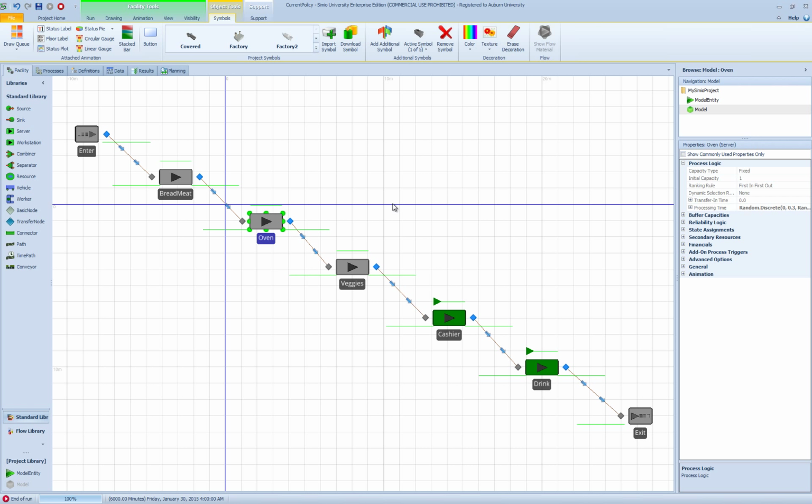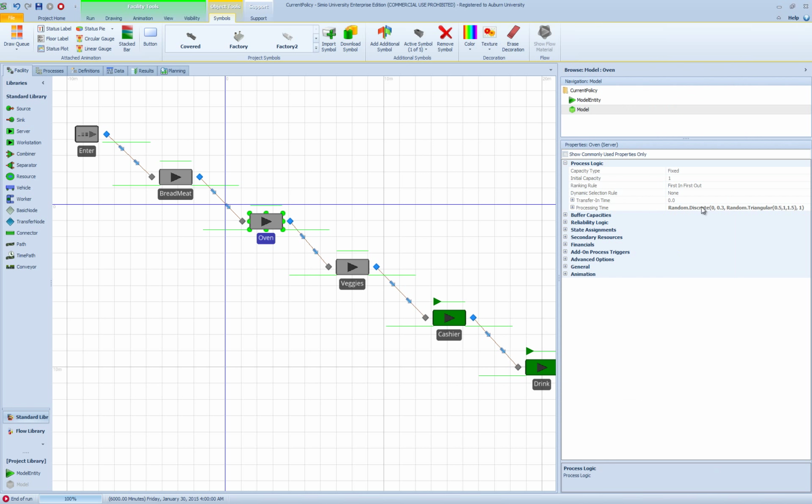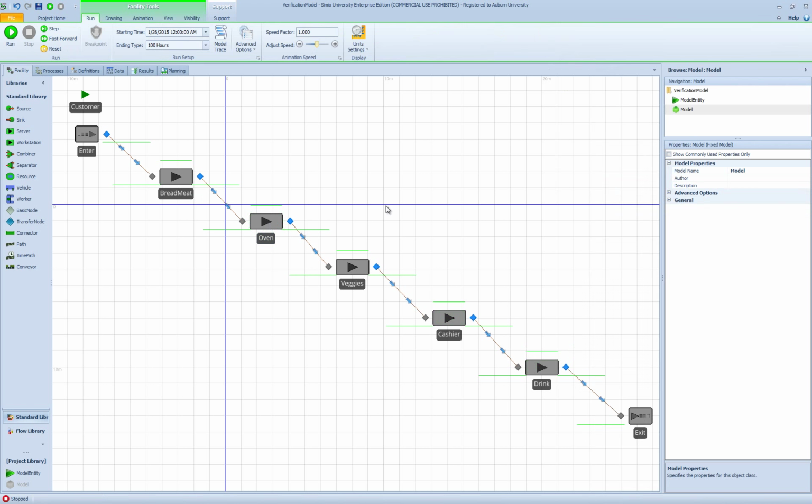And now I'm going to change all my processing time distributions to exponential, and also I'm going to remove the discrete empirical processing time I have for my oven station, so everybody will have the same exponential distribution in my verification model for the oven station as well.